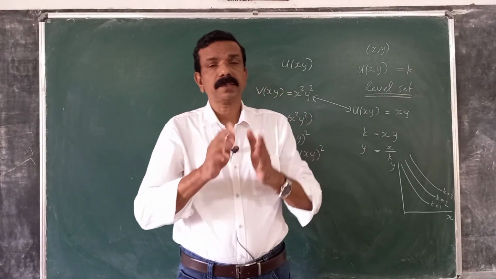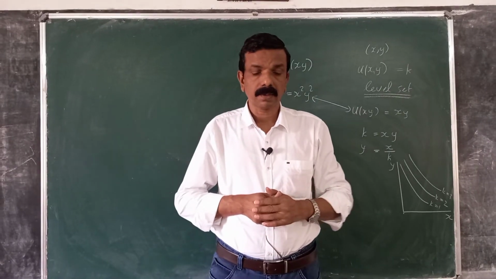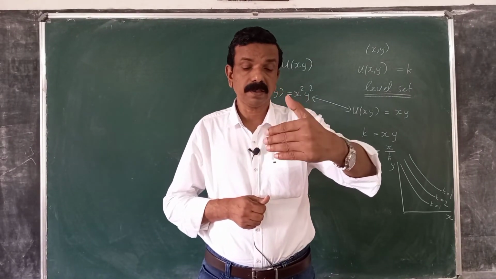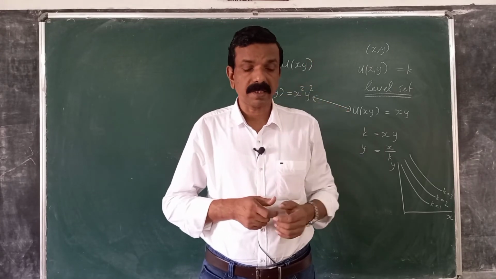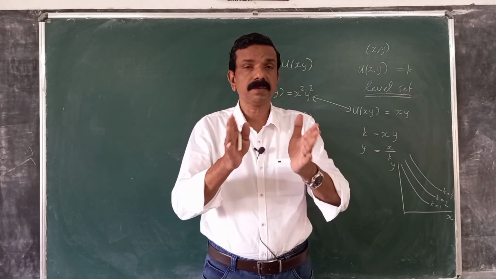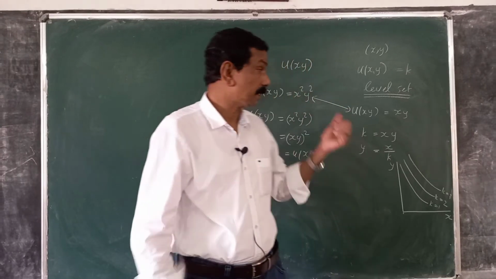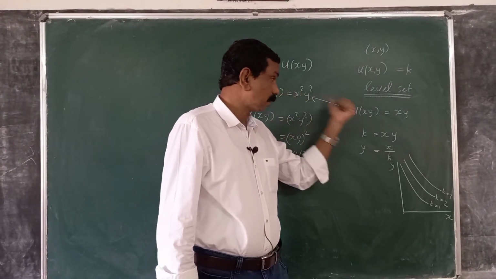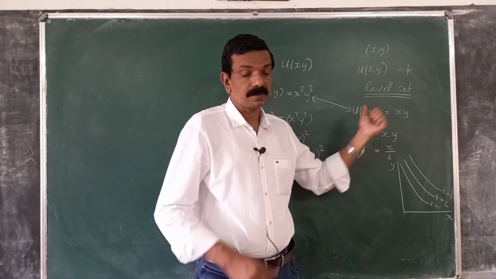Since U(x,y) cannot be negative, it follows that V(x,y) is a monotonic transformation of the previous utility function. So V(x,y) is the monotonic transformation of U(x,y).